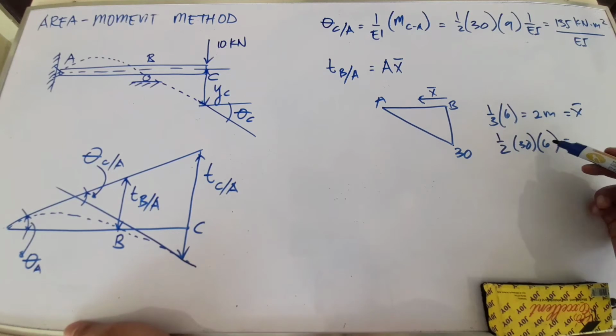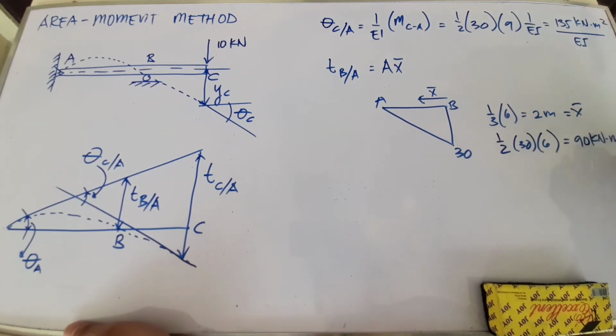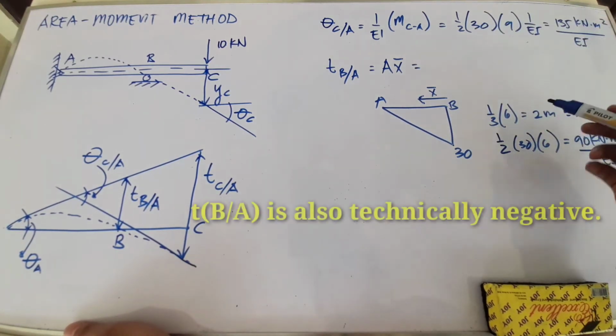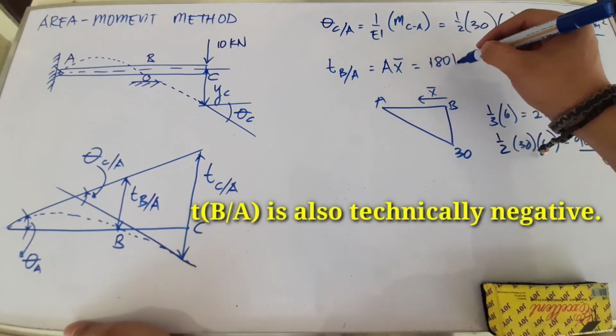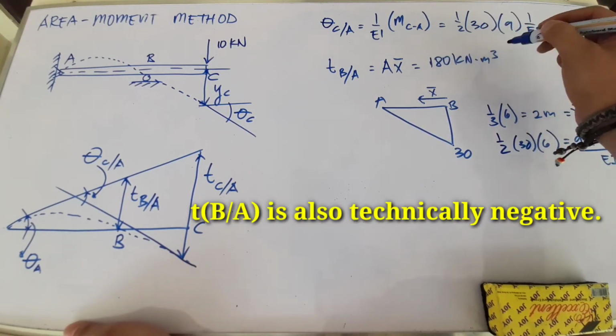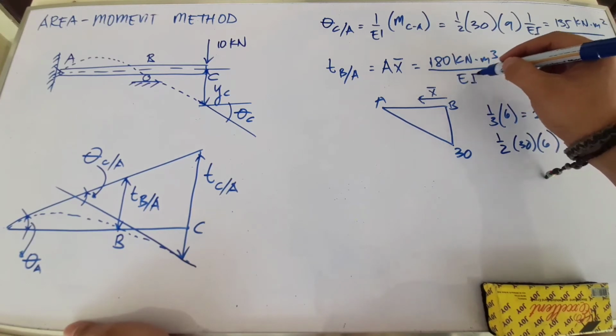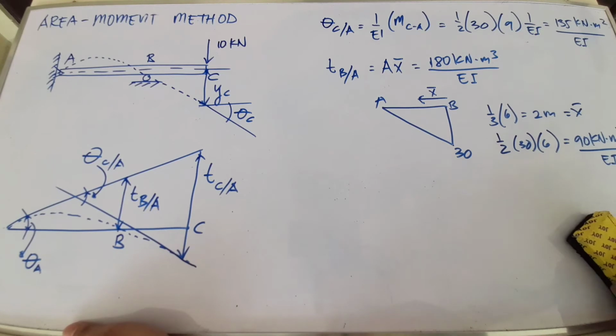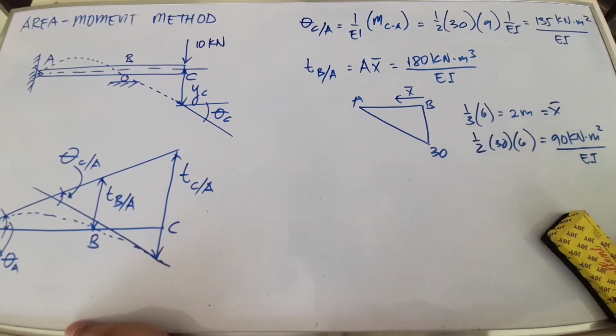This is 90 kilonewton meter square divided by EI. X bar is 2 meters. So, magiging answer natin dito is 90 times 2. That's 180 kilonewton meter cube divided by EI. Okay? Meter squared times meter equals meter cube. Yan. Di pala masyadong nakita kanina. So, yan.